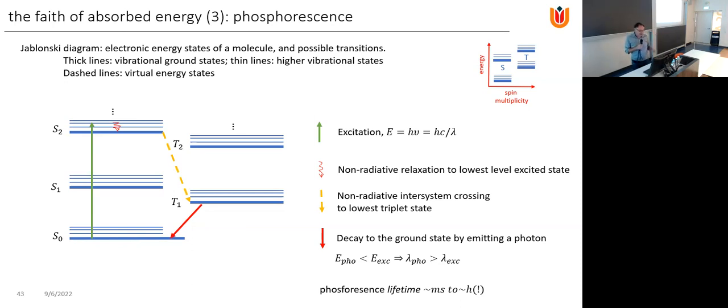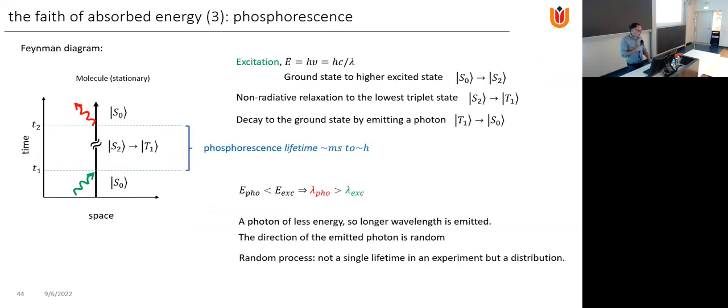So the experiment is not very different. The only thing is that if you look at the time diagram, you'll find that the lifetimes of phosphorescence are much longer than that of fluorescence. Phosphorescence can have lifetimes of milliseconds up until hours.